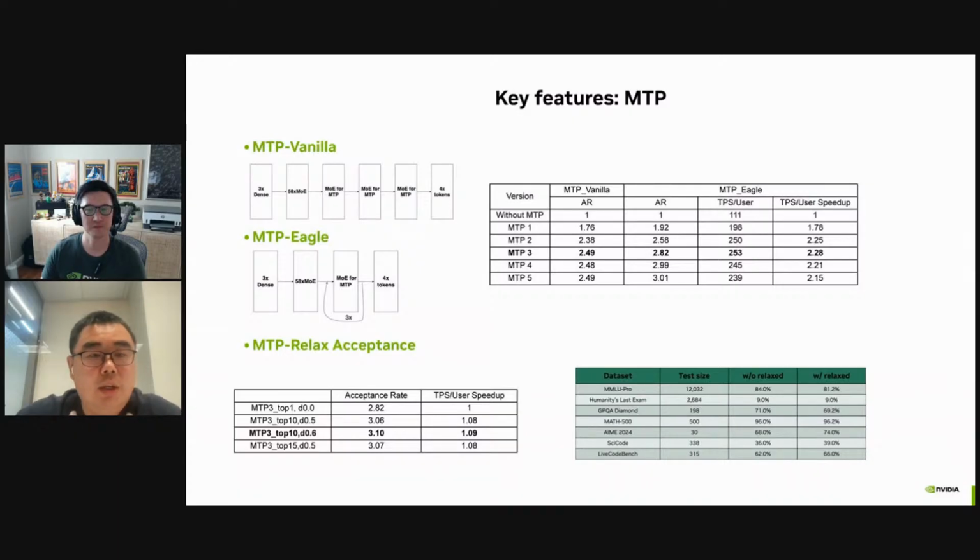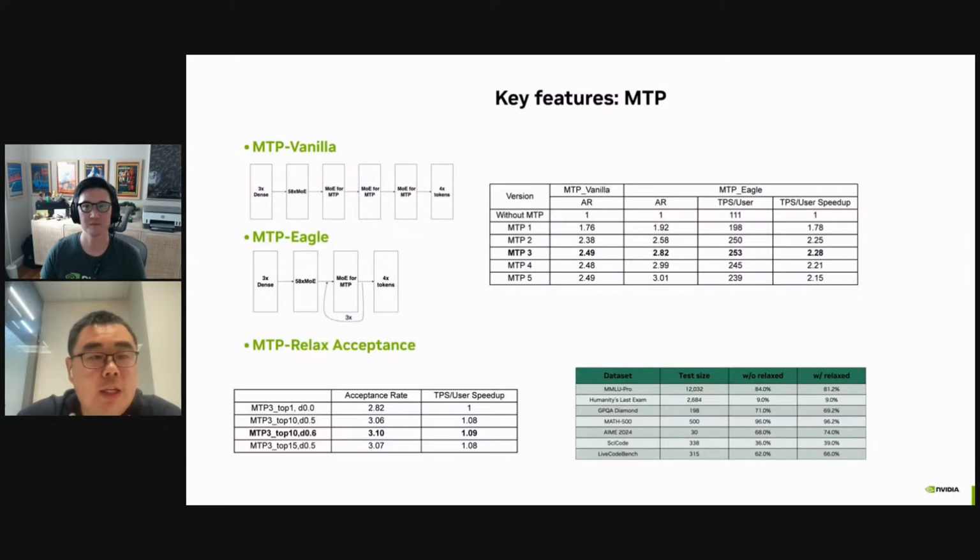Okay. After the configurations, let's step into the key features. The first feature is MTP. Actually, we have explored 3 patterns of MTP. The first one is named MTP Vanilla, the second is MTP Eagle, and the third is MTP Relaxed Acceptance.